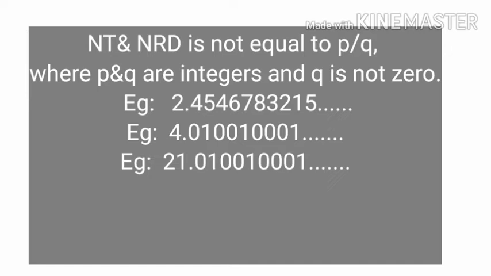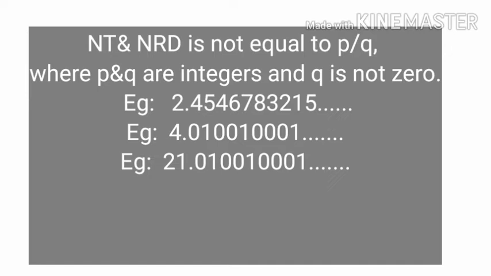In the decimal part of the first example, the digits are 4, 5, 4, 6, 7, 8, 3, 2, 1, 5, and so on. Here this decimal part is not going to end. That is why it is non-terminating. And even a single digit or a group of digits is not repeating here. That is why it is a non-terminating and non-repeating decimal. But such decimals are not expressed in the form of P by Q. That is why these are irrational numbers. Okay?